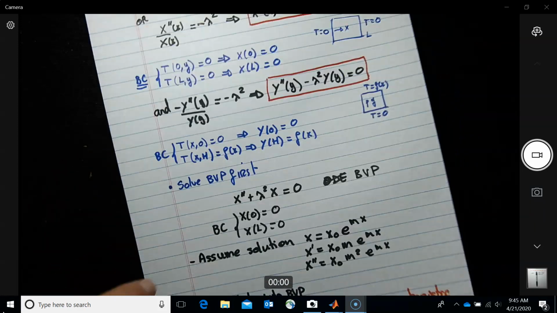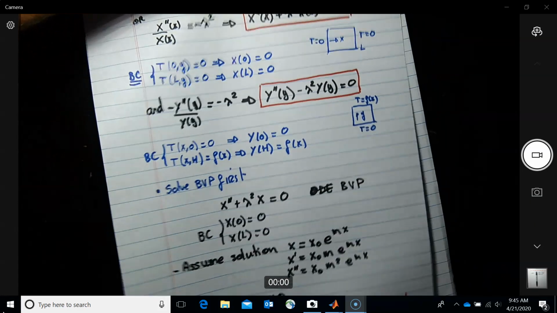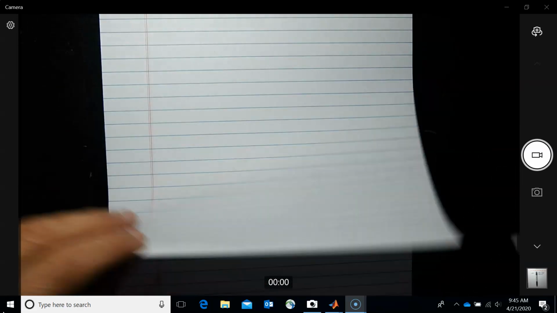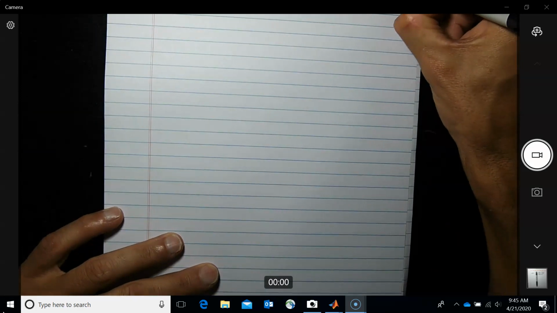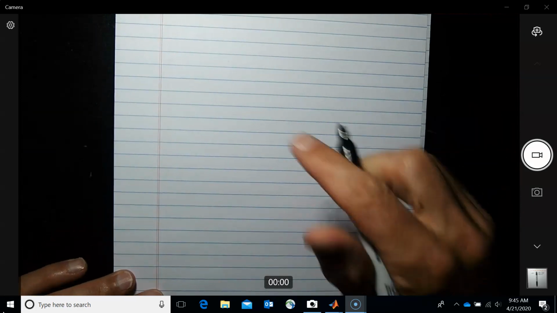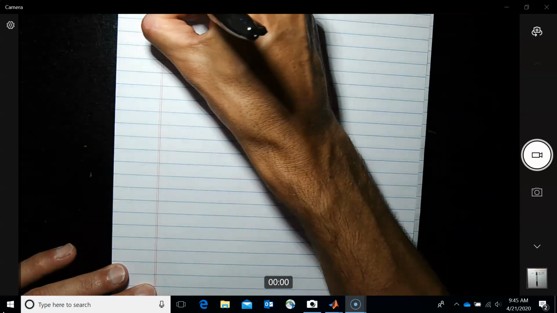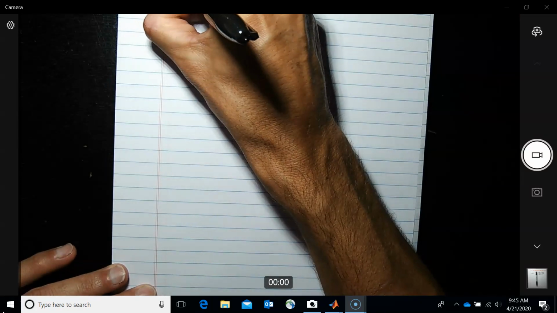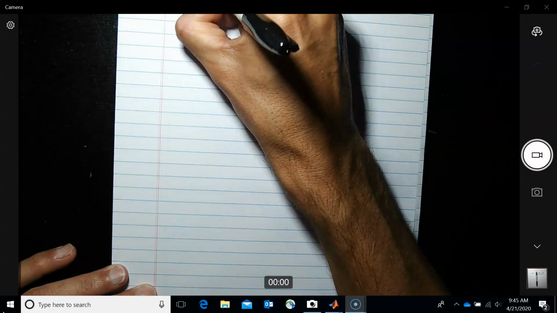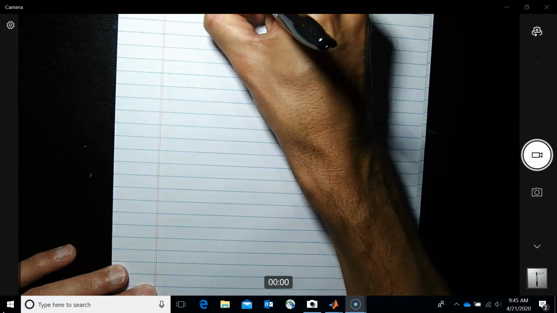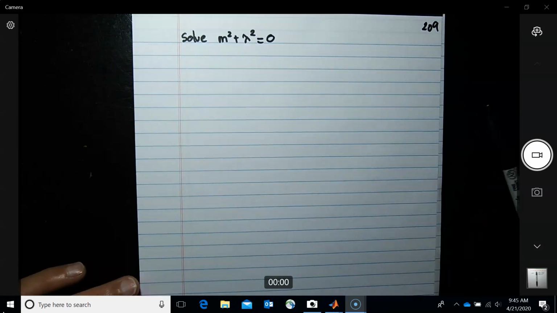So let me go to the next page and recall that equation. We need now to solve m squared plus lambda squared equal to 0. So we're going to look at different cases.